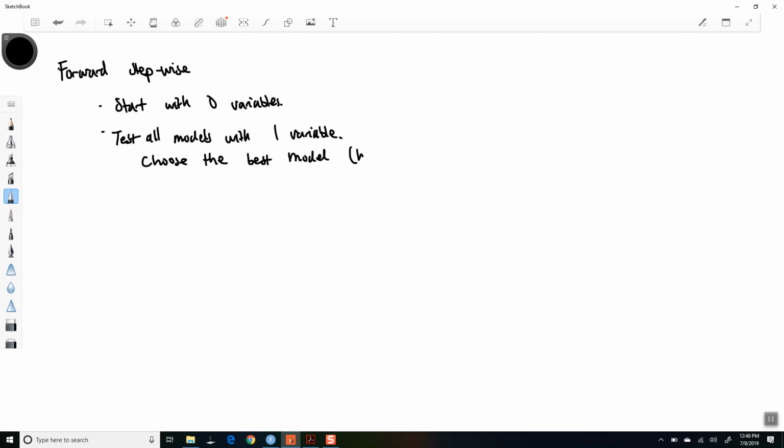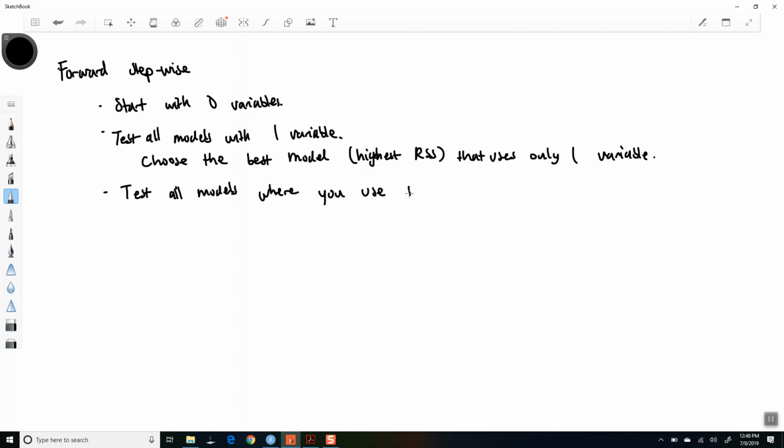This is the lowest regular old RSS. Choose the best model that uses only 1 variable. And then test all models where you use the previous variable plus 1 other variable.